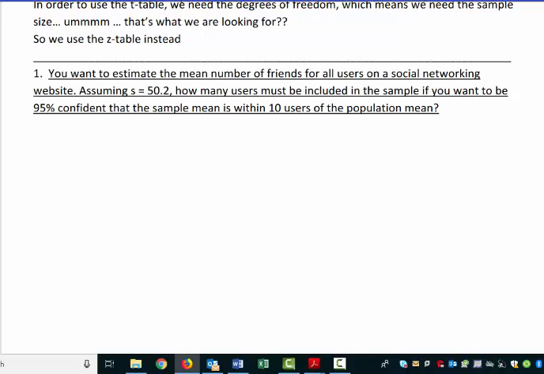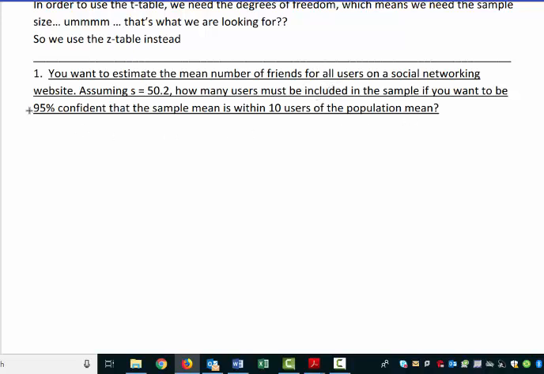So let's do this first problem. It says you want to estimate the mean number of friends for all users on a social networking website. Assuming that your standard deviation is this, so they're just handing that to us. Thank you. How many users must be included in the sample? So that means how many do we need to survey?